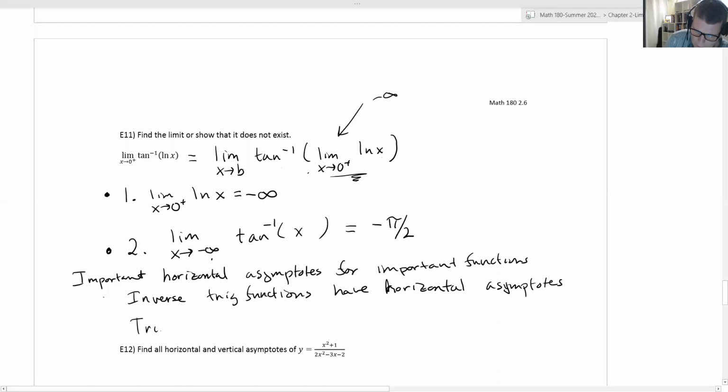Trig functions have vertical ones, because they're inverses of each other.